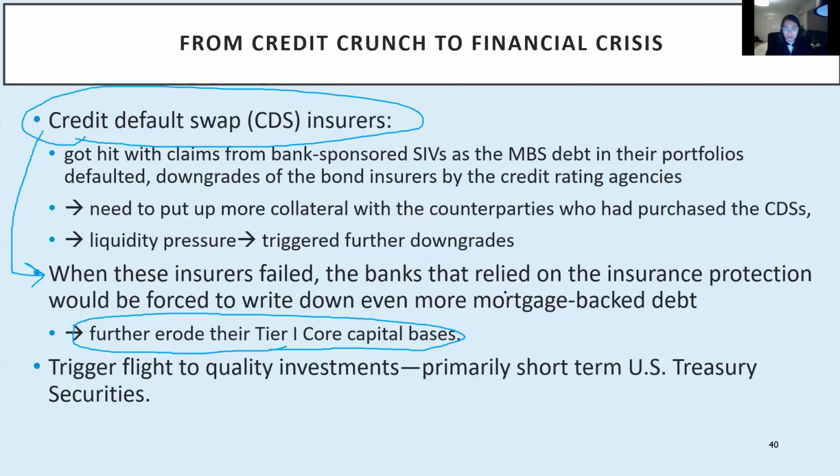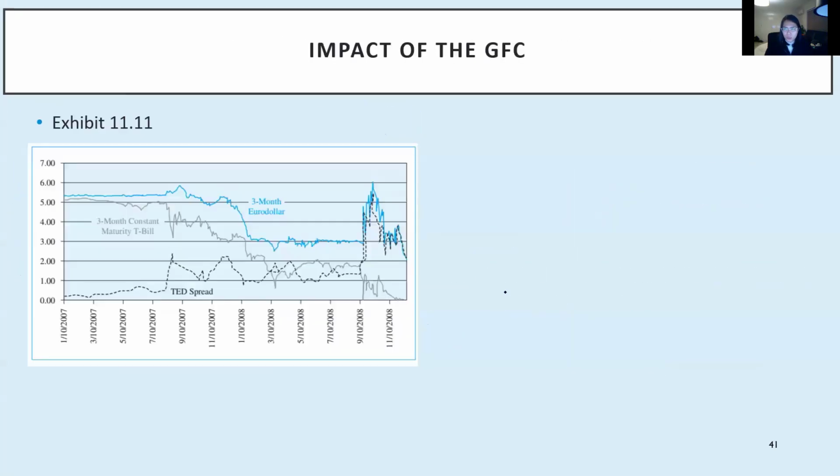So the effect of all of these troubles were that, firstly, for the financial industry, now on the graph that I show you on the left, this is what happens to the investment yields, right, of 3-month Eurodollar bonds and 3-month T-bill rates. Okay, so this was during the crisis period.